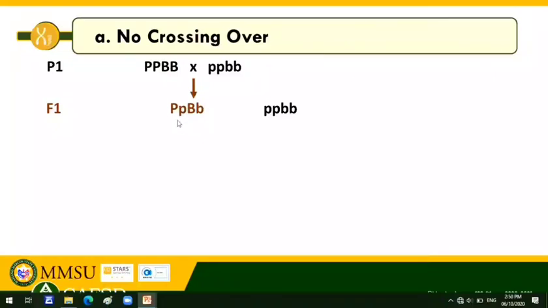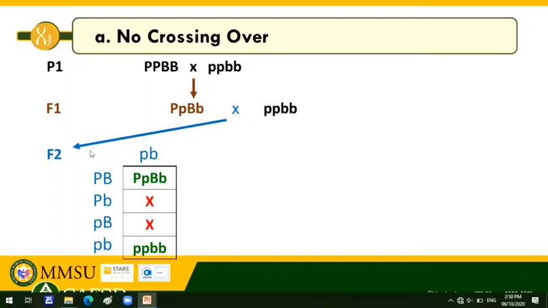Okay? Now, I mentioned earlier that to test for the presence of linkage group, we backcross this double heterozygous animal to the homozygous recessive parent for both traits. So, yun na yung recessive gene p and then recessive gene b. Okay, so we cross this. This produces now your F2 generation.